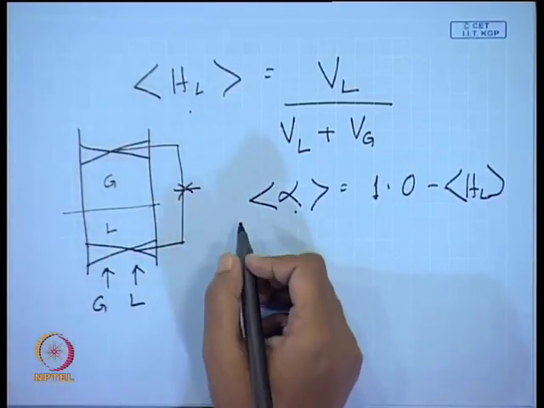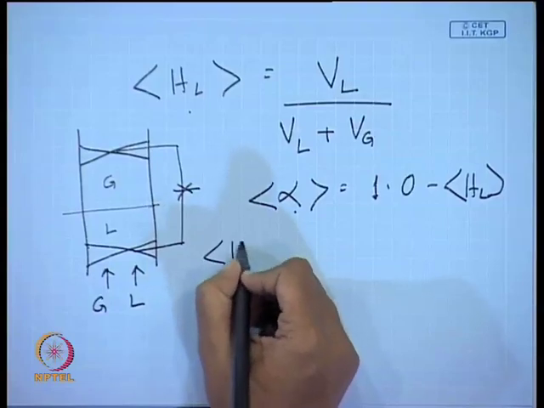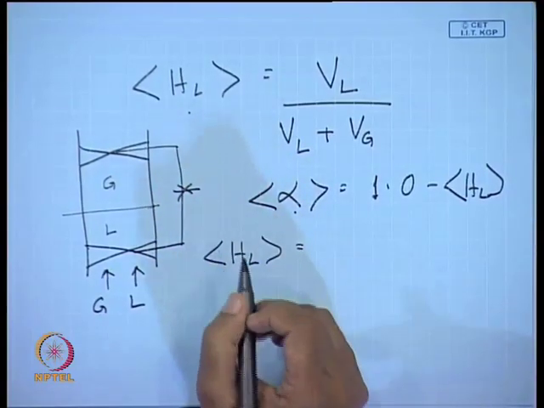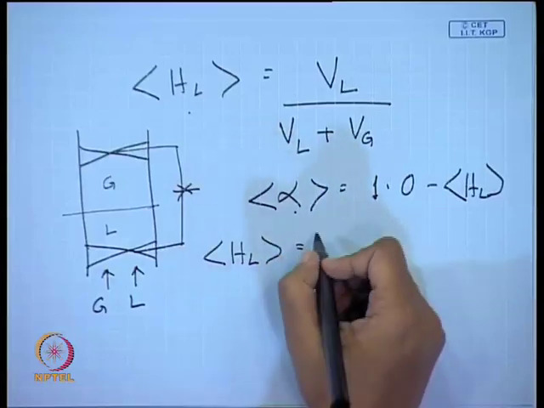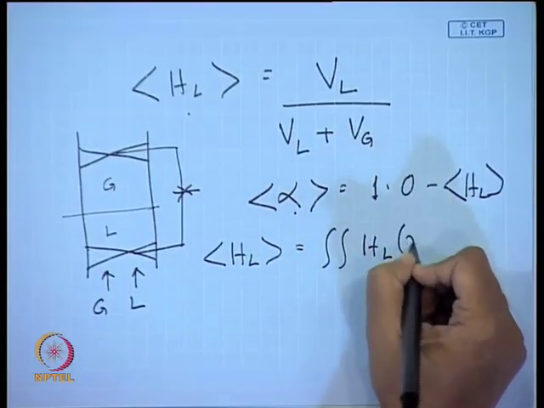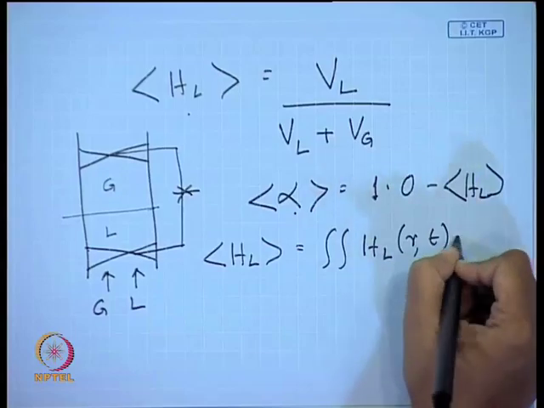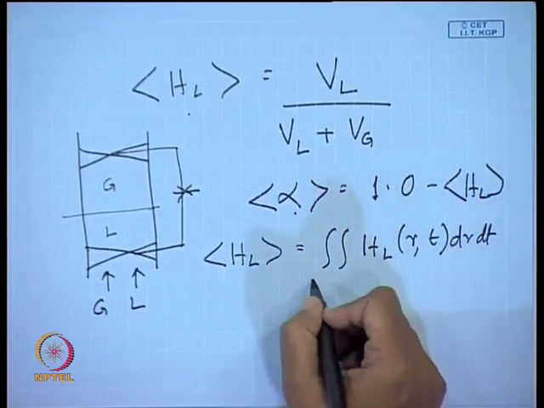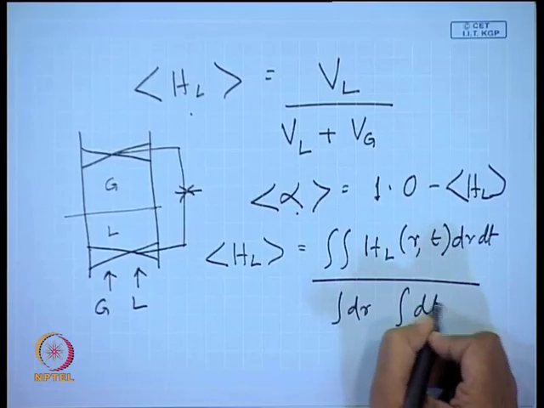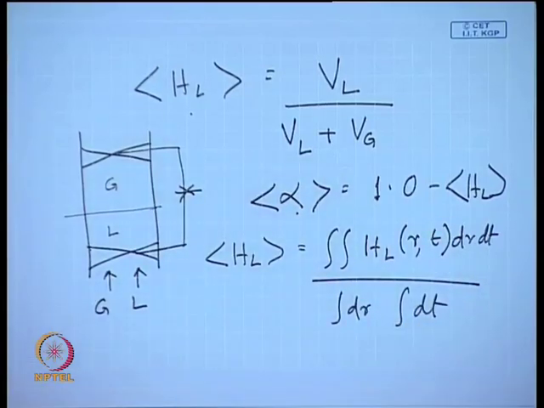When there are both temporal variations as well as variations with axial distance, HL is given as HL as a function of r and t, dr dt, divided by, this is simply the normal averaging law which you already know. For circular pipes we can use it in this particular way.